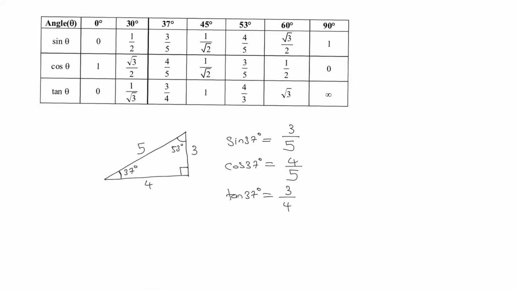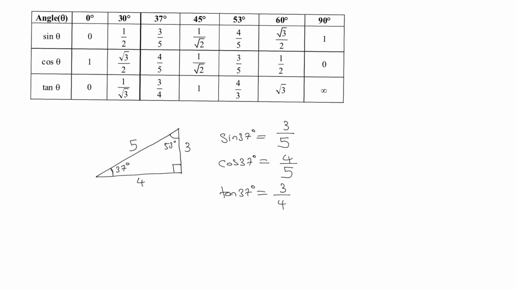Now same thing we can write for 53 also. If you are observing sine 53 degree, its opposite side is 4 and hypotenuse is 5, and cos 53 is equal to adjacent side 3 divided by hypotenuse 5, and tan 53 will be equal to opposite side 4 by adjacent side 3.